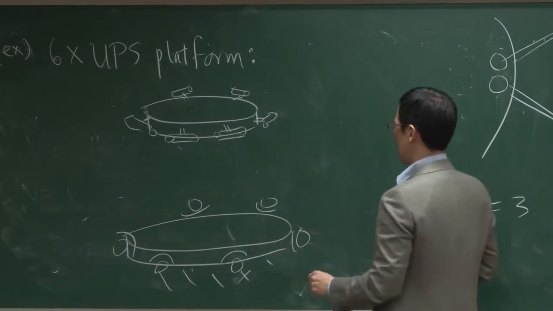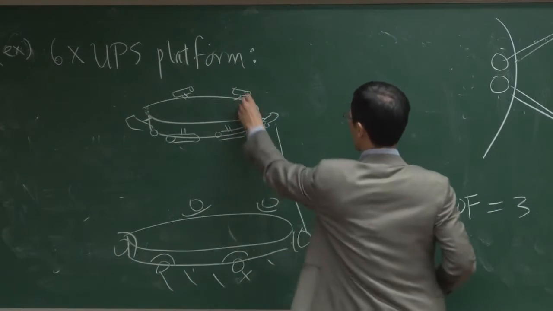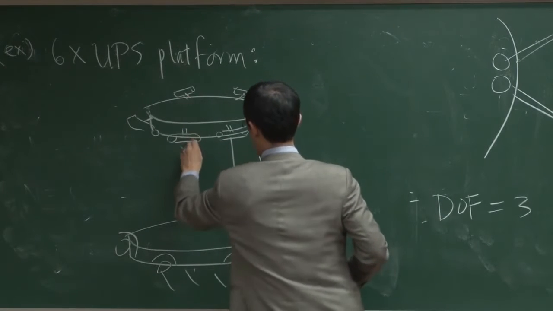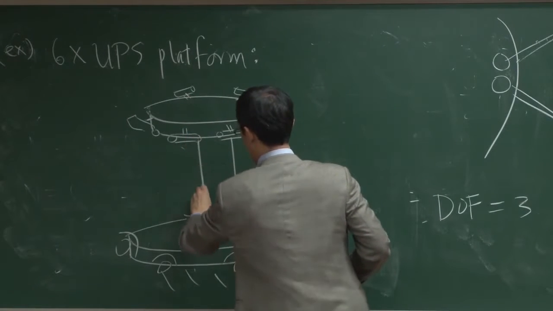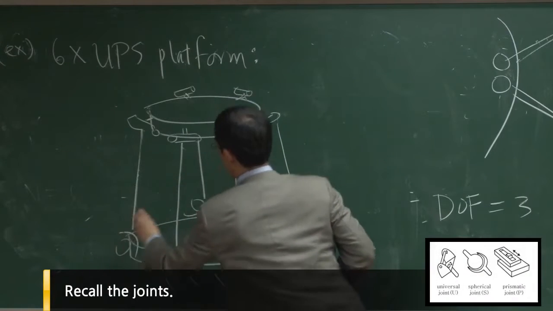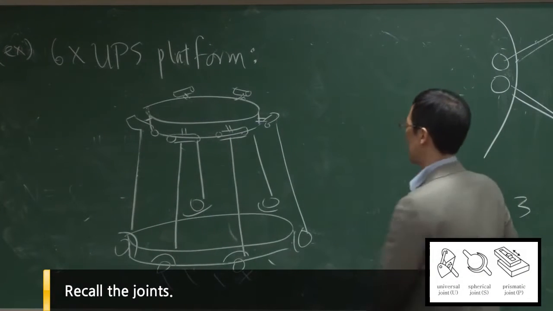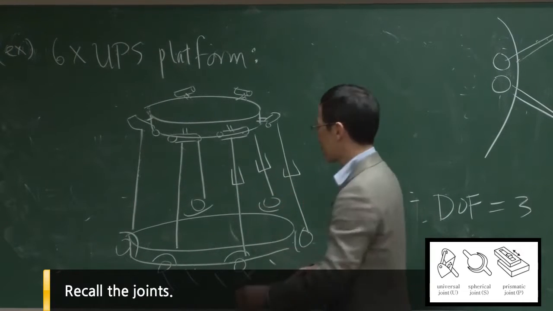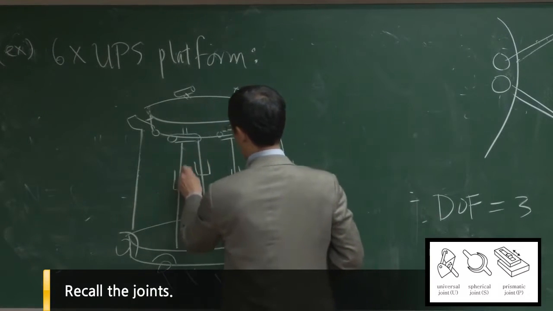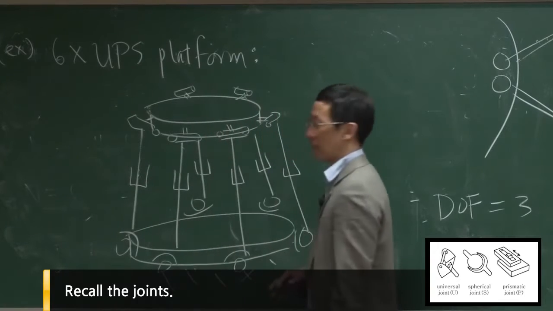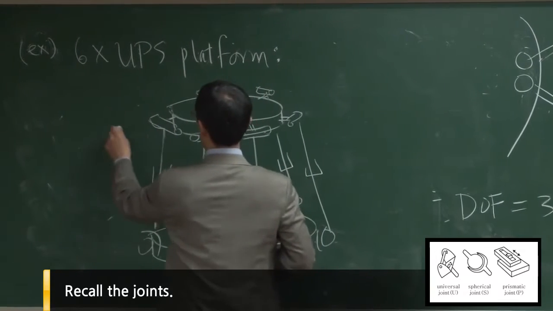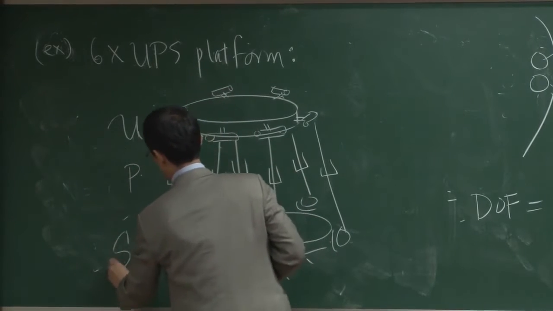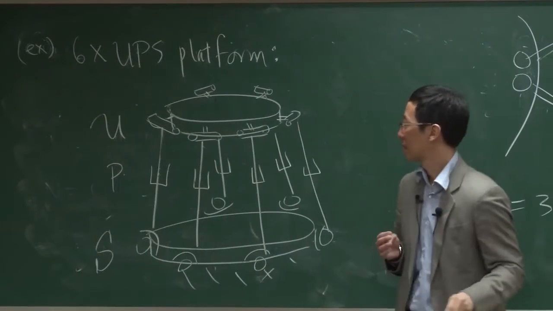Now we're going to connect them like that. We have 6 legs. And each of these legs, the length can be adjusted through this prismatic joint. So this is a universal joint. This is a P joint. This is a spherical joint, shoulder joint.